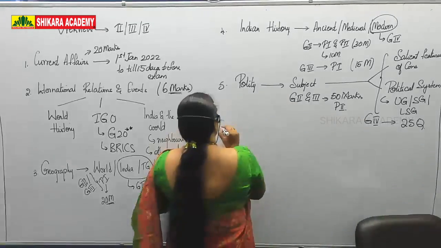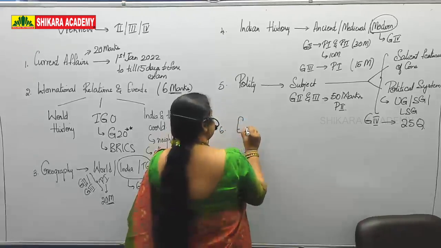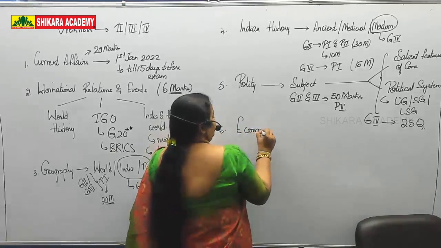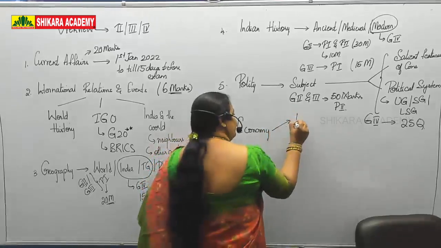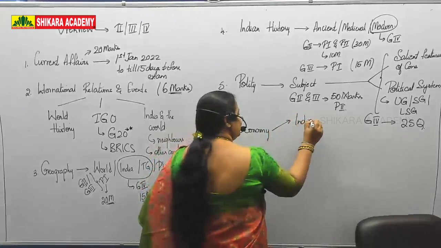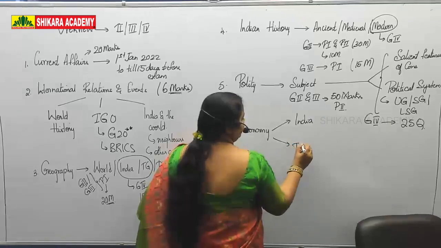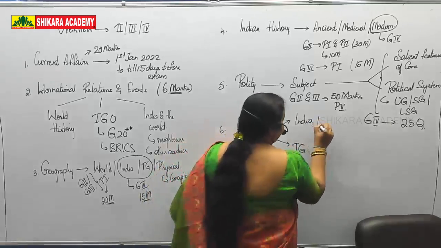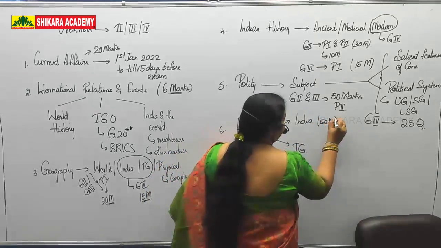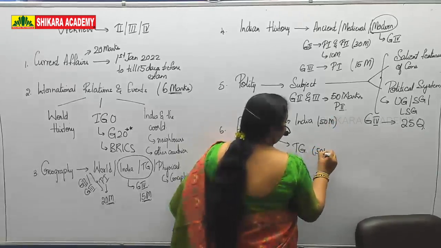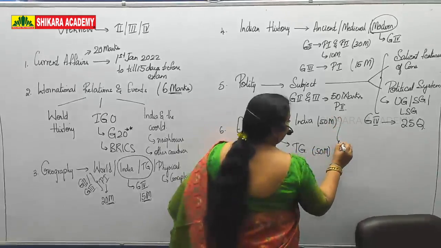This is polity. The 6th subject that we have to discuss would be economy, in which you have India and Telangana. India 50 marks, Telangana 50 marks for both Group 2 and 3.